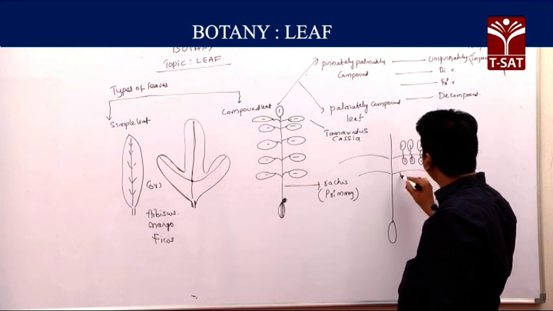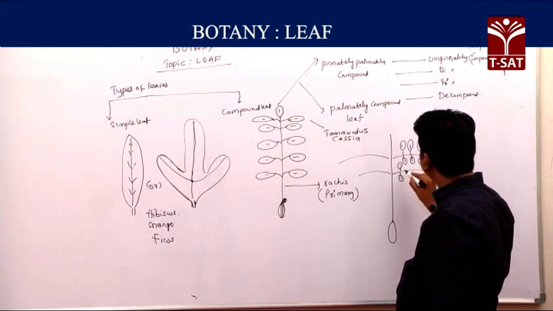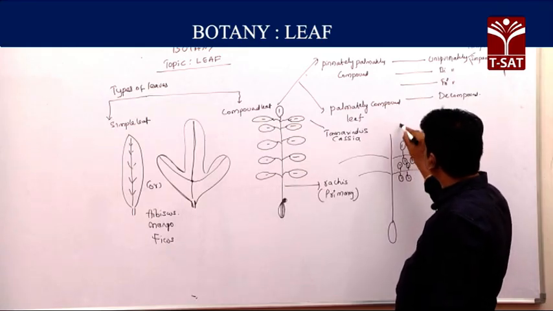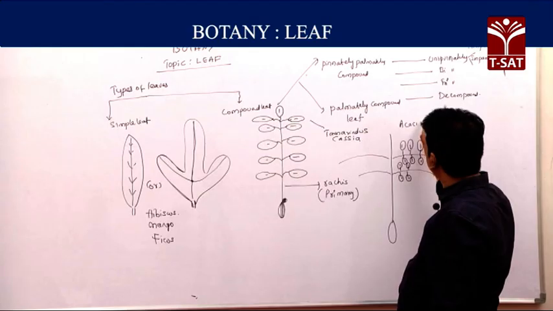Examples for bipinnately compound are acacia and Parkinsonia.